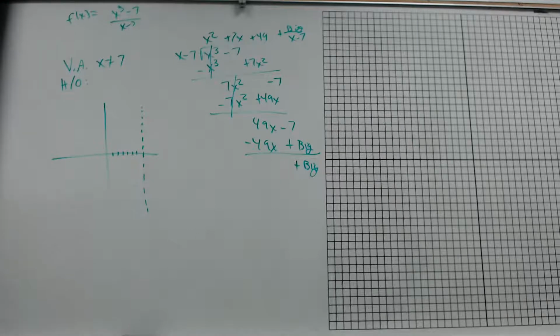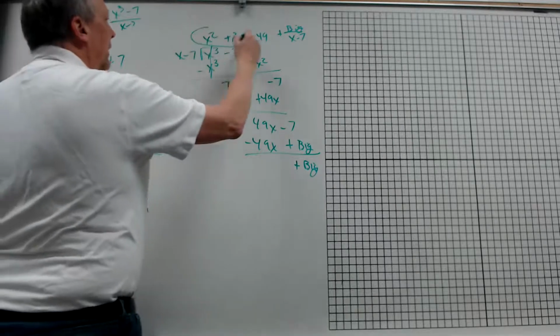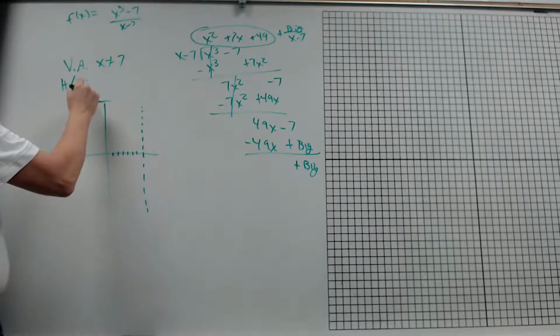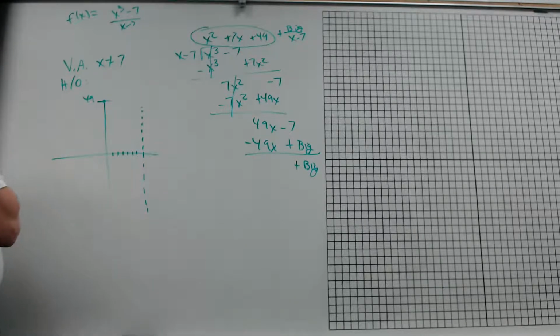Now I'm going to ignore this. This is my new parabola, right? It's got an intercept at where? 49. So clear up here at 49. It crosses. Where is the vertex? Zero, 49 is the intercept.